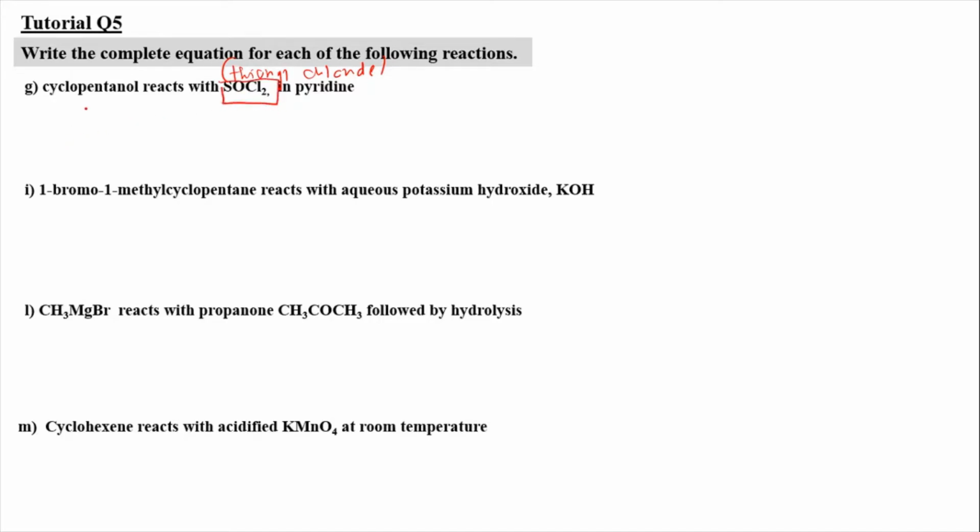Cyclopentanol is a cyclopentane attached with an OH group. When it reacts with SOCl2, this must happen with the solvent pyridine. What happens here is the OH is substituted with a Cl, and this produces the byproducts sulfur dioxide as well as hydrochloric acid.